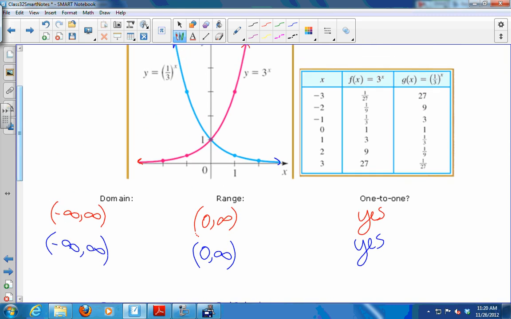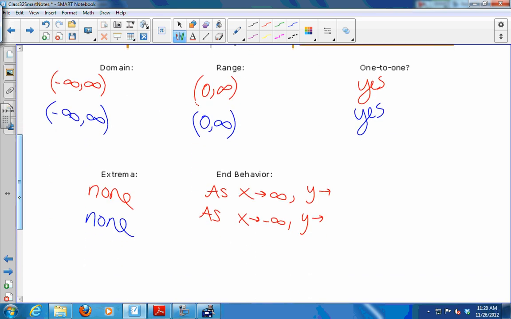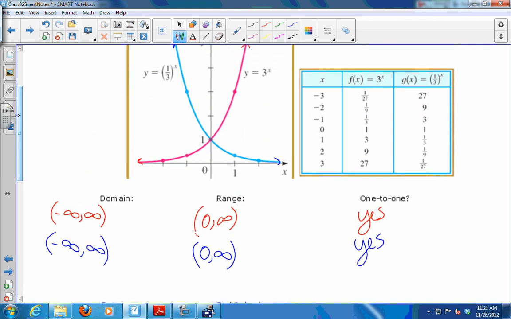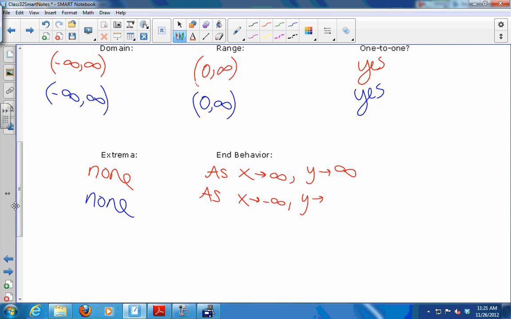As the x's get really large, the y's go to infinity. And as the x's get really small, as my x's head towards negative infinity to the left, what are my y values approaching? 0. Good.